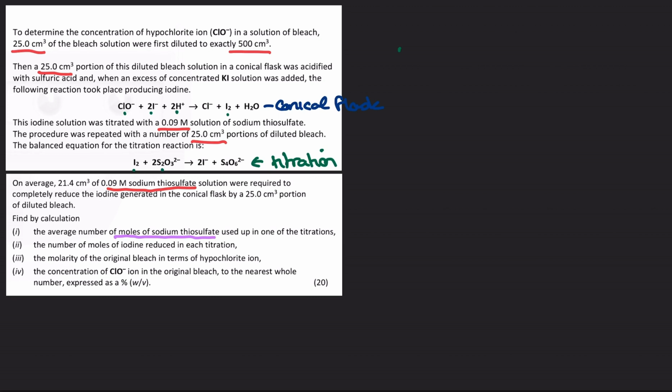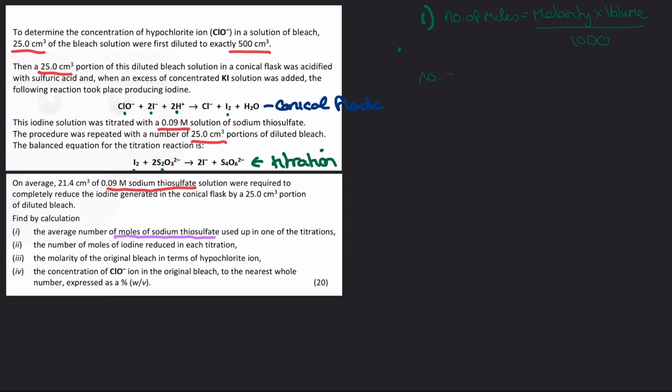So to do that, we need to go and look at our calculations. So we have a formula for this. Number of moles equals the molarity times the volume over 1000.